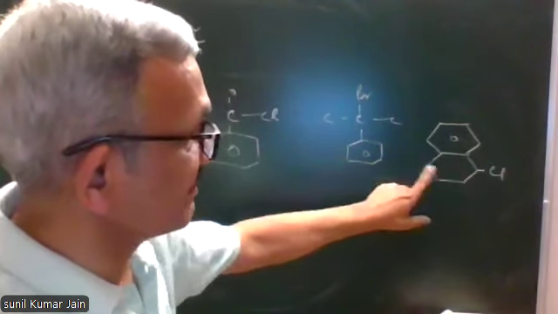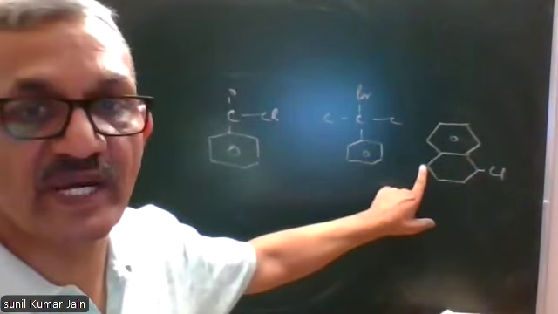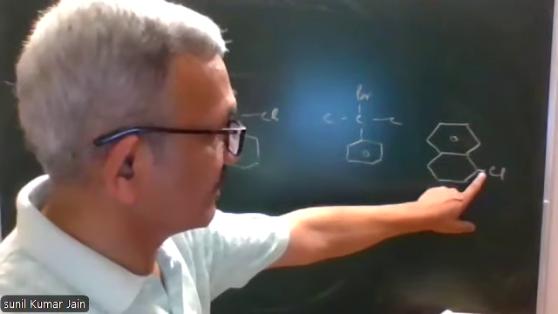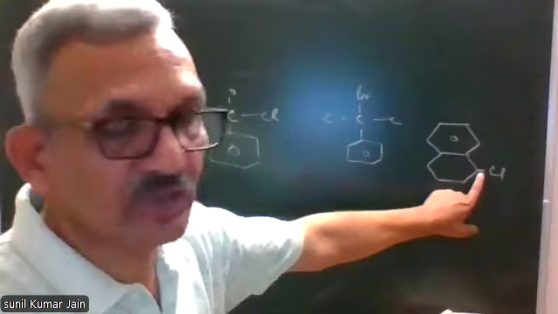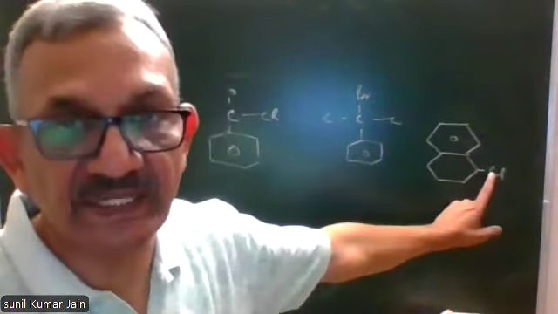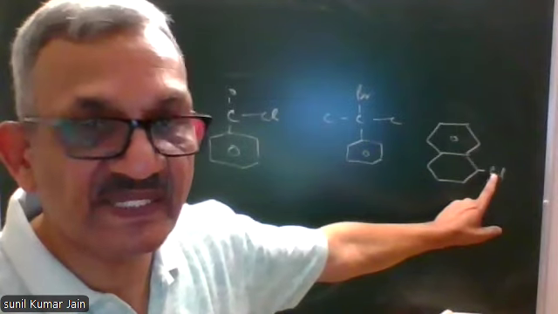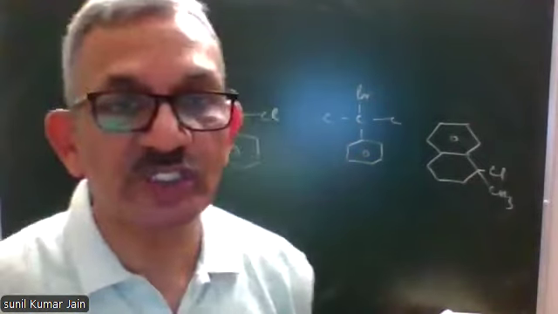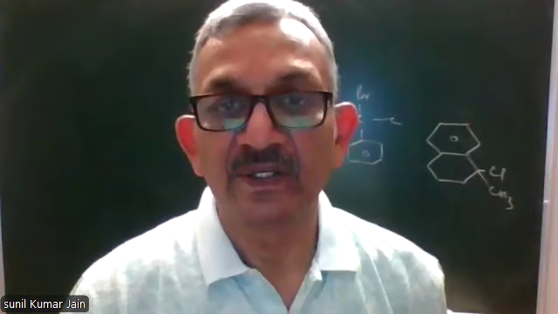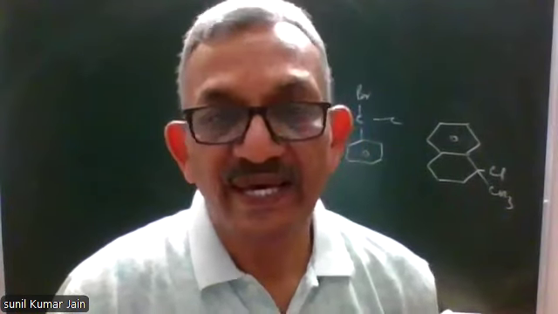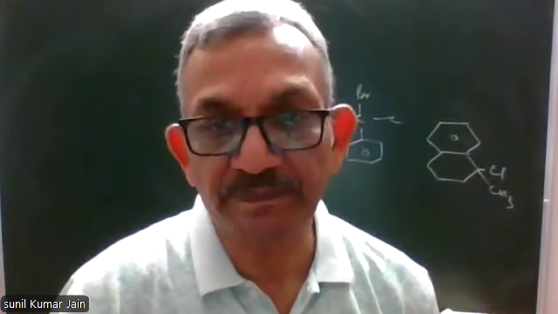This carbon and this carbon, these are two sp3 hybridized carbon atoms, which are benzylic carbon atoms. So this is secondary benzylic halide, right? This is secondary benzylic halide, and this becomes tertiary benzylic halide. So these were four categories in which halogen is bonded to sp3 hybridized carbon atom.